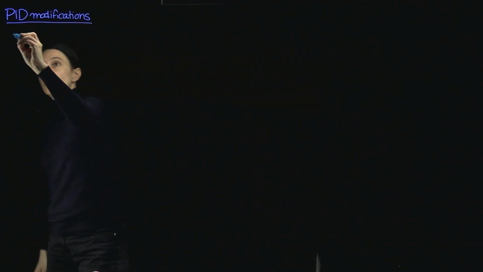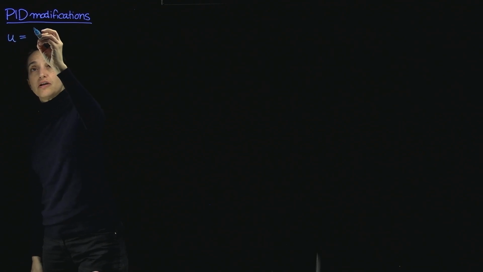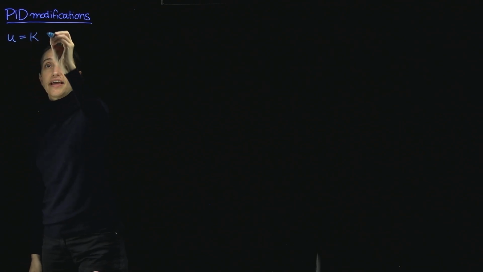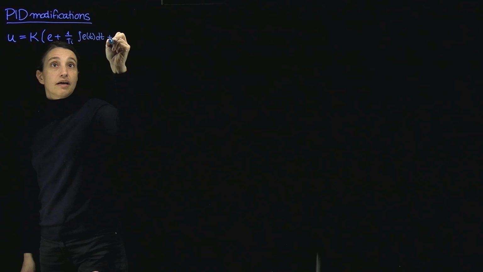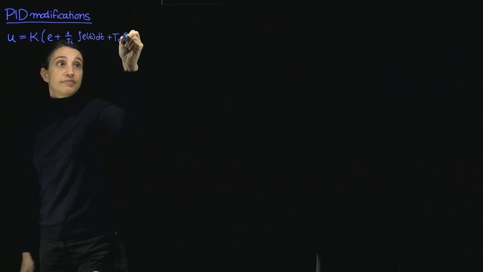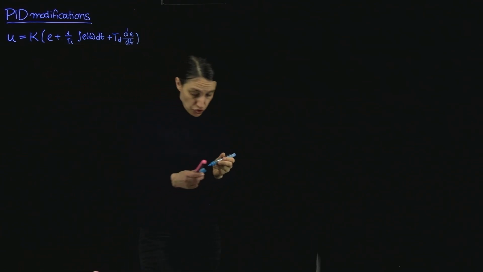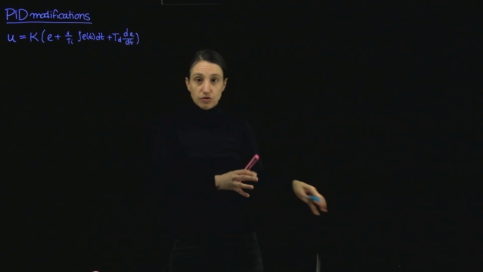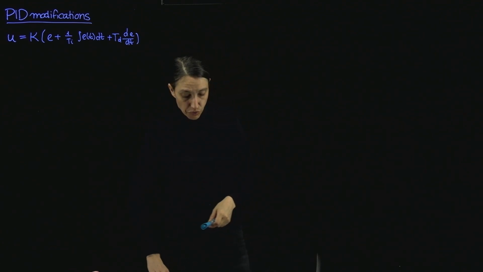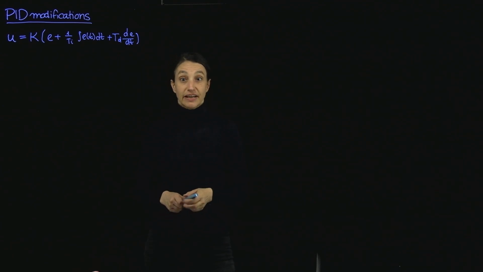So first of all, remember our control law of a PID controller was K times E plus 1 over Ti integral E of t dt plus Td dE over dt. Now this is where most control courses stop, and then we move on to finding either control strategies or something else.